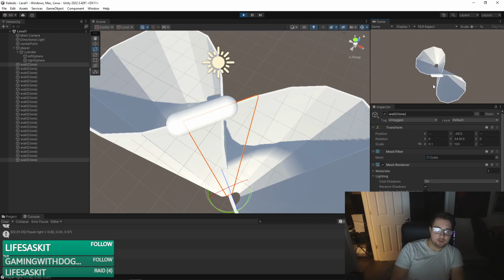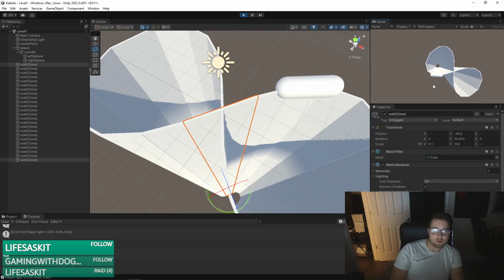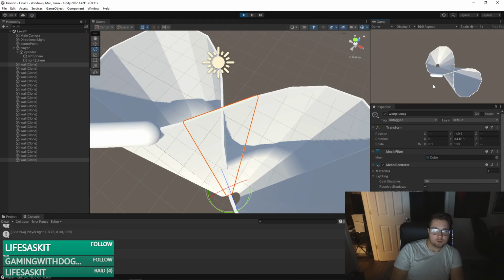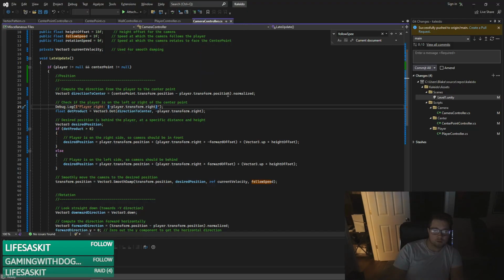It's not actually flipping the player, it's just flipping the camera. I wonder what happens if we do forward.